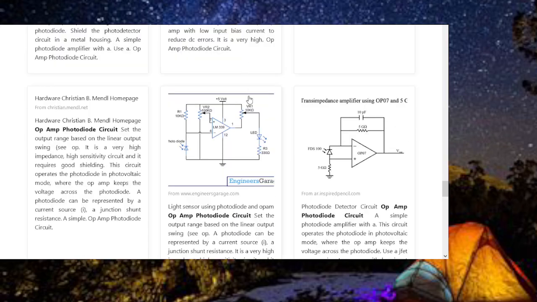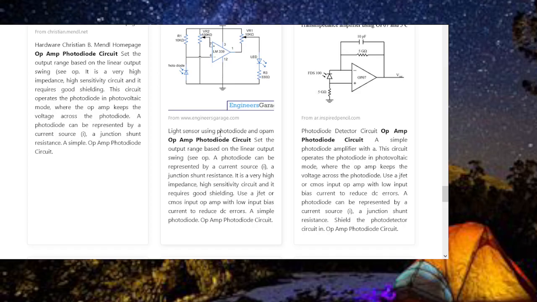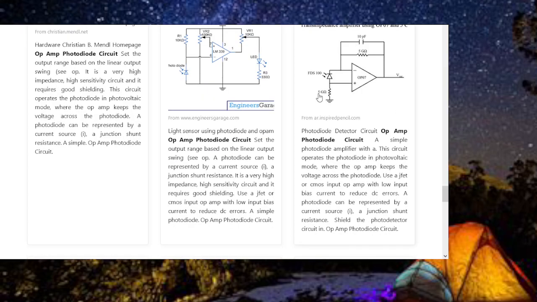LM339. Photodiode. This just turns on an LED. This would assume that the light level is really bright, you know? Let me take a picture of this.